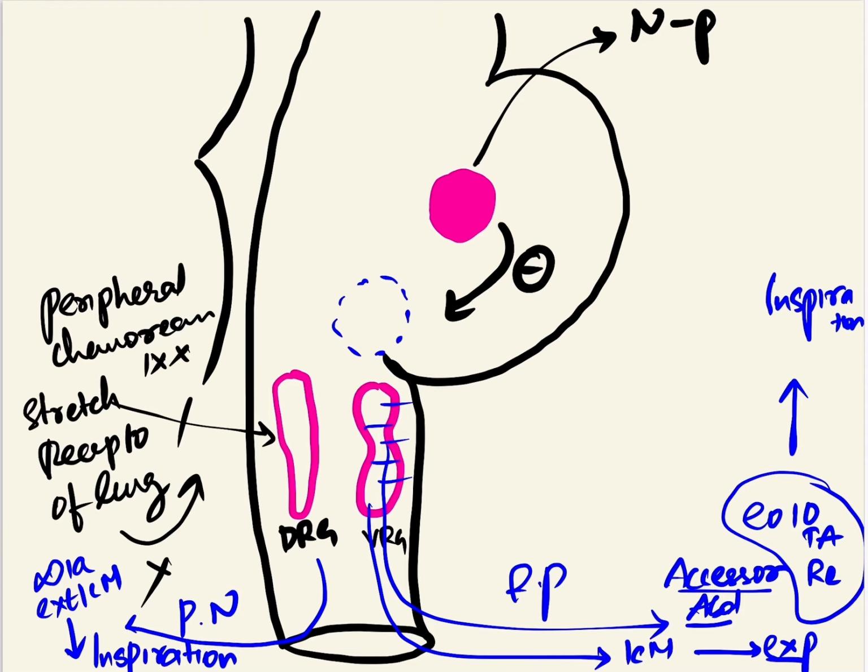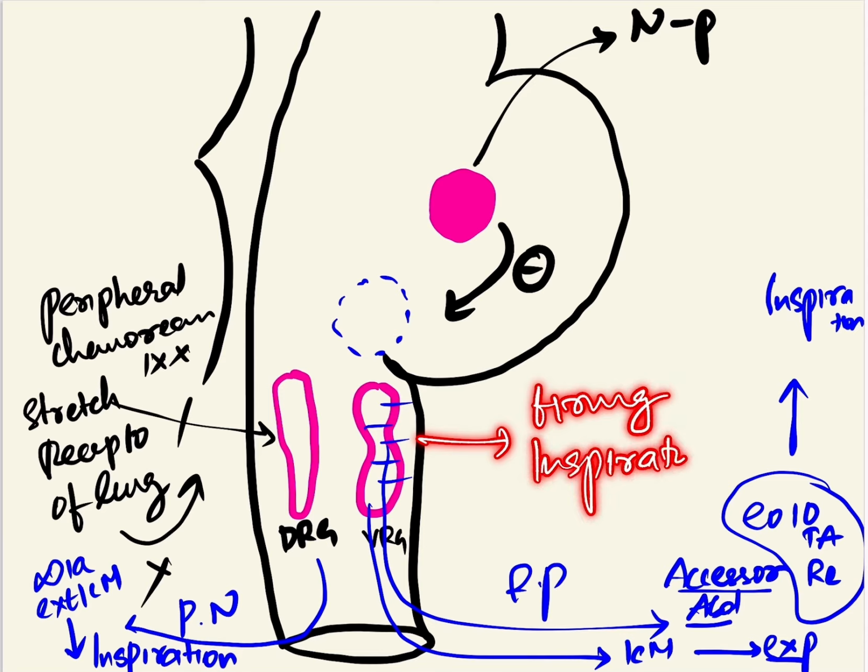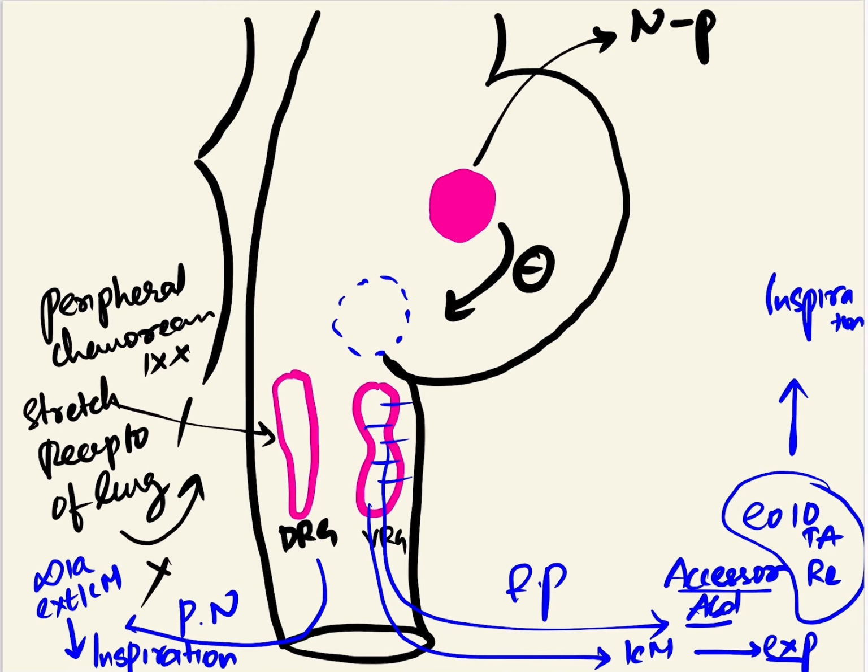So remember a point, never forget to write a point like this: the pneumotaxic center or the DRG or VRG will be initiating a firing inspiratory ramp. What is this firing inspiratory ramp? It increases the respiration dramatically in cases like apnea or dyspnea, whenever there is no respiration, and body carbon dioxide levels and hydrogen ion concentration all increase.